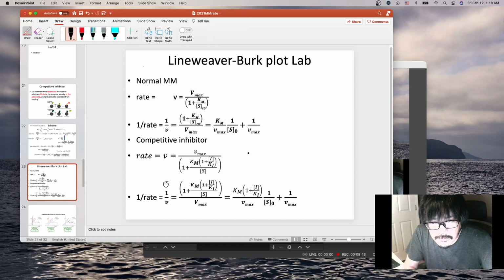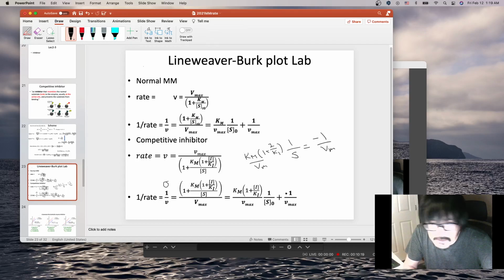Then what can I do here? Km over Vmax times 1 plus I over Ki, times 1 over S naught, is equal to minus 1 over Vmax, right?